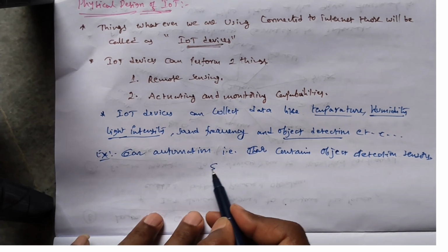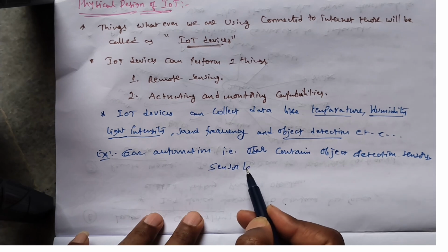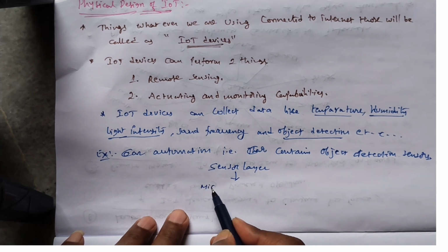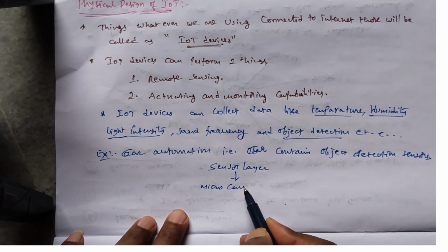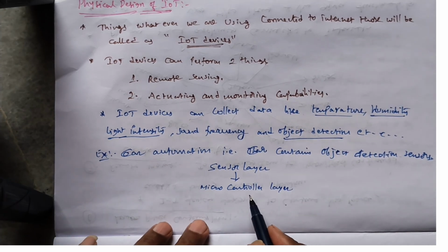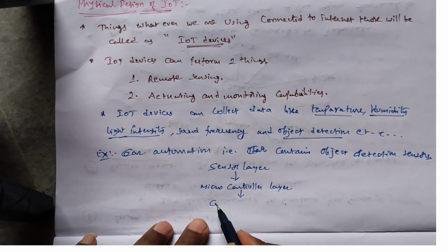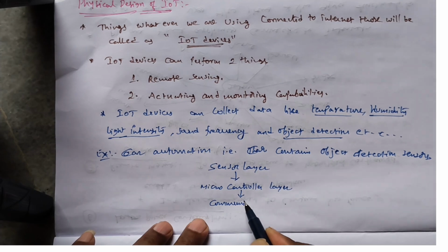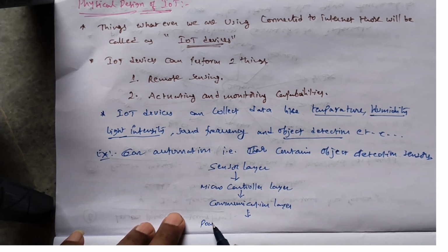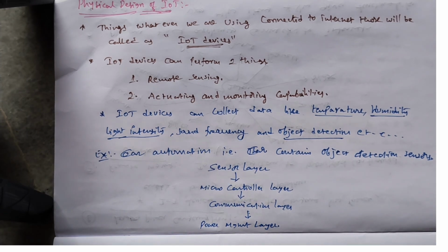First one is the sensing layer, then the microcontroller layer, the communication layer, and the last one is the power management layer.